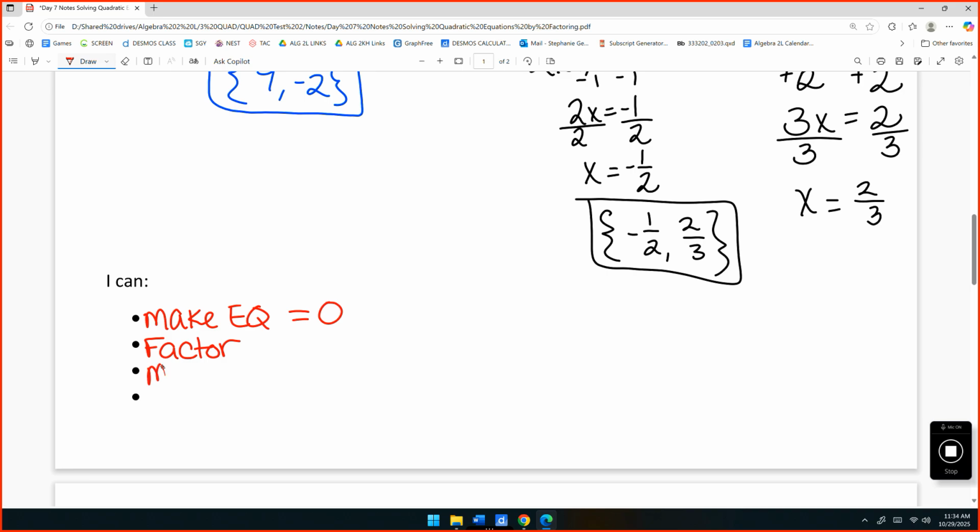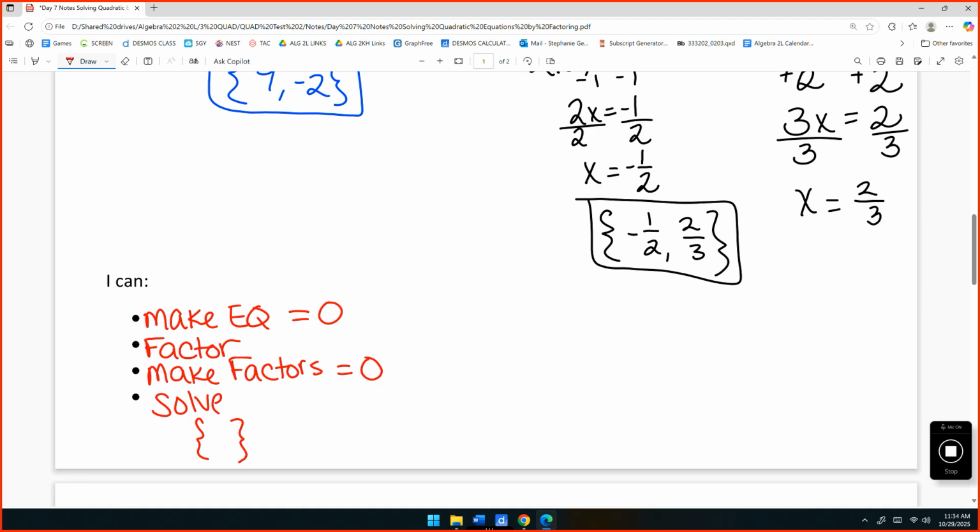And then we need to make the factors equal 0, and just solve. And we put our answers in these little solution sets. That's it. That's all we're going to be doing.